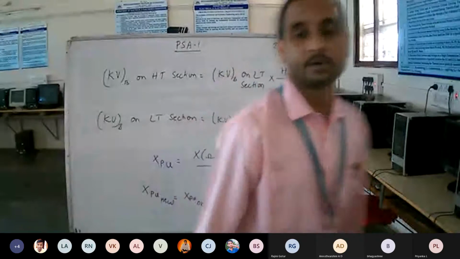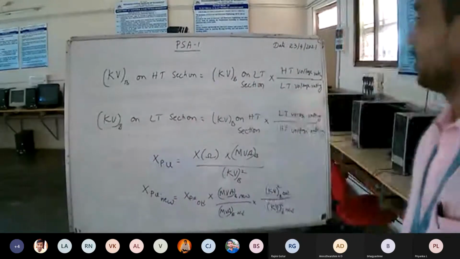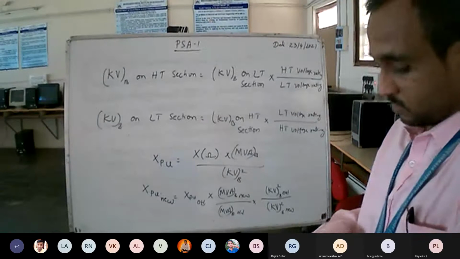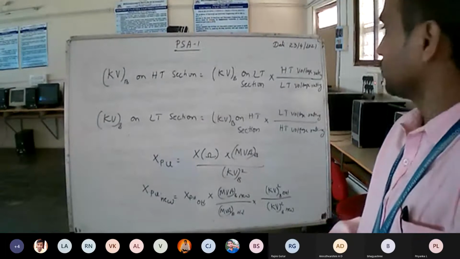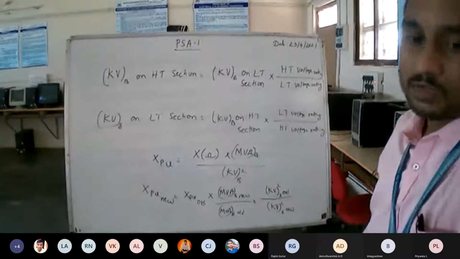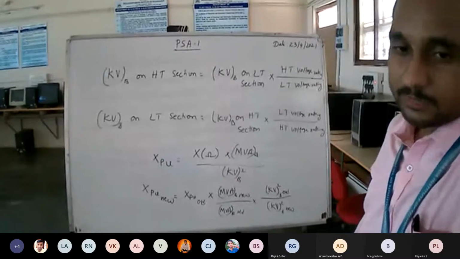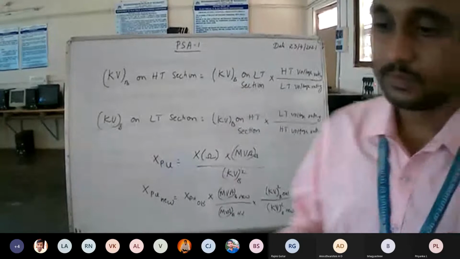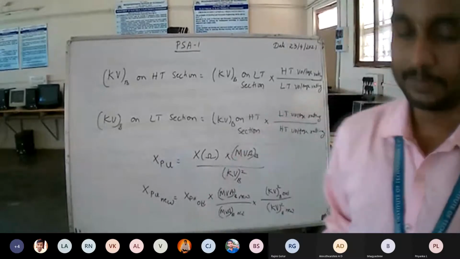So these are the important formulas used in doing problems. You must know these important formulas while doing the calculation. Is it clear? Shall we move to the problem?